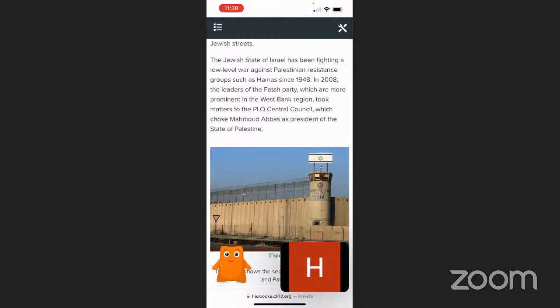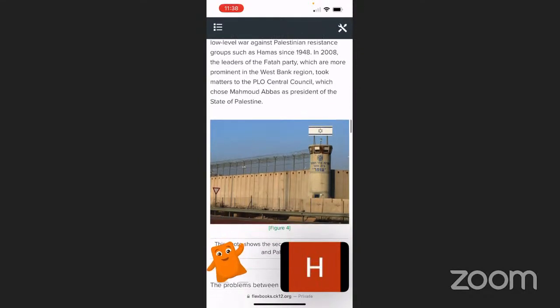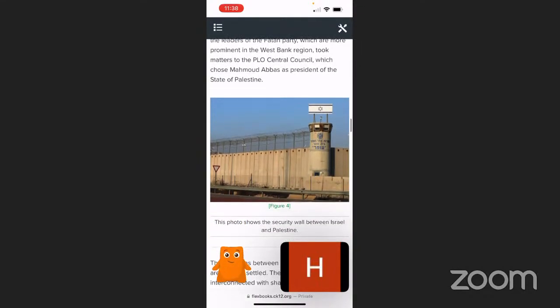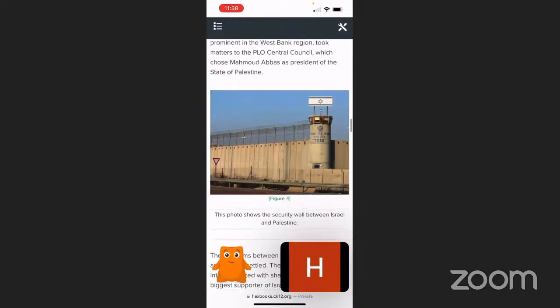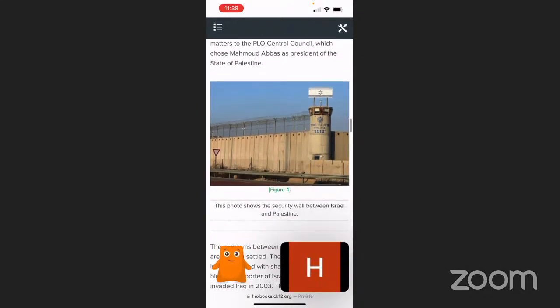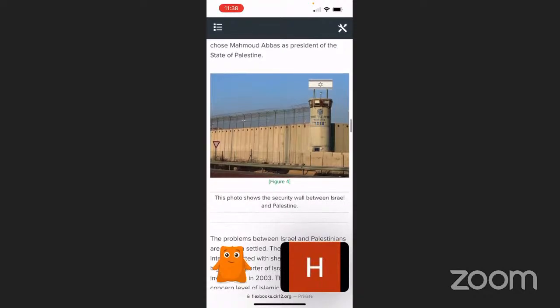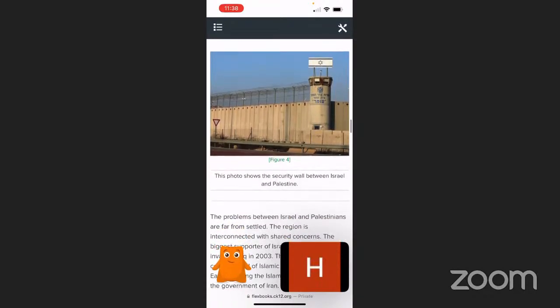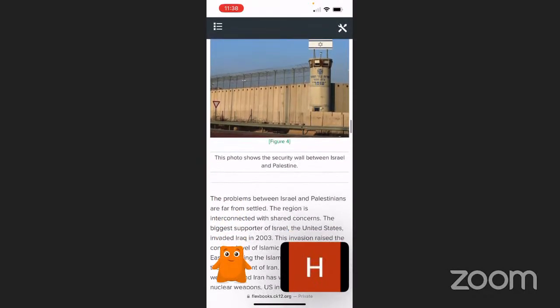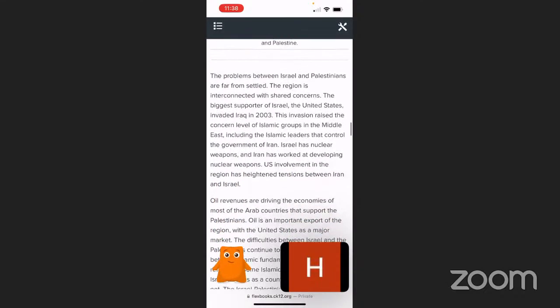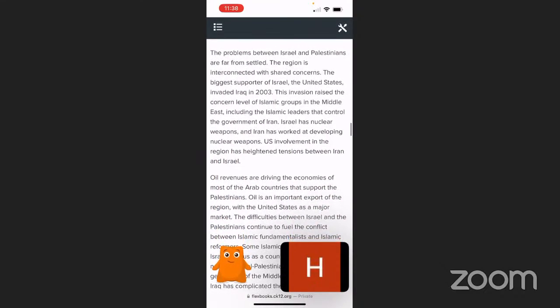In 2008, the leaders of the Fatah party, more prominent in the West Bank, took matters to the PLO Central Council, which chose Mahmoud Abbas as president of the state of Palestine. The problems between Israel and Palestine are far from settled.